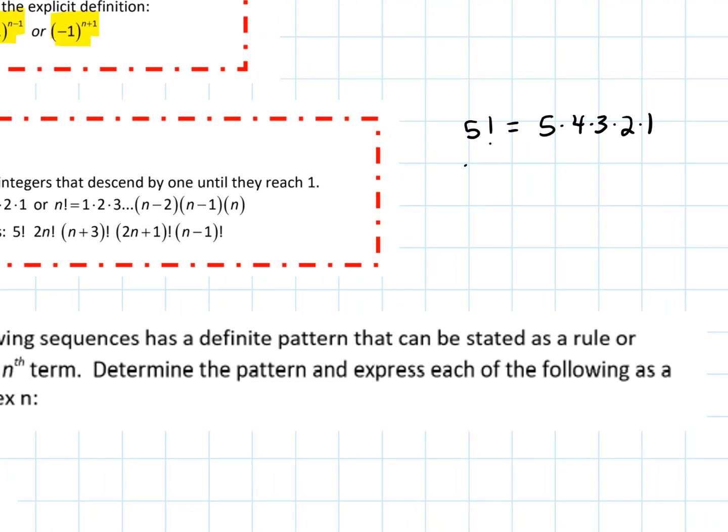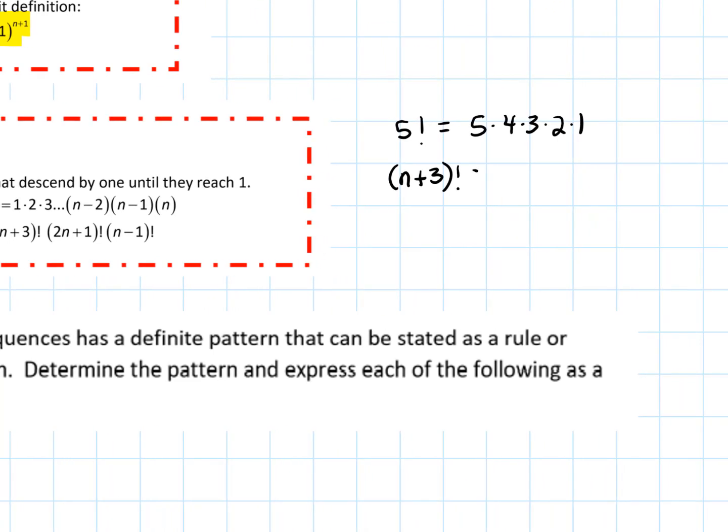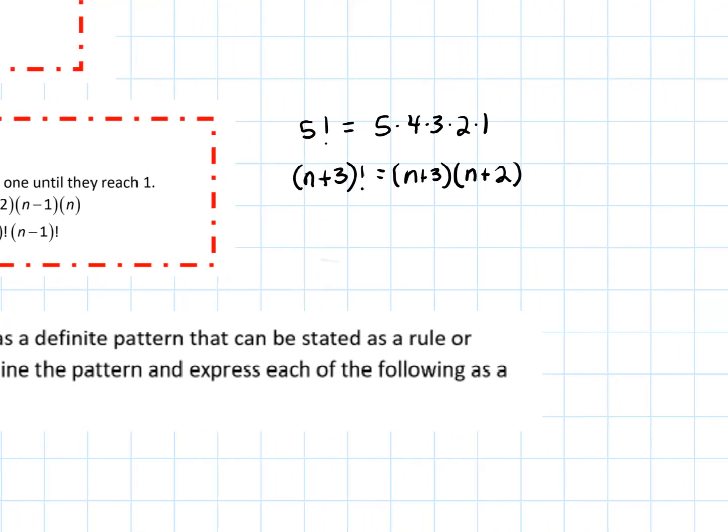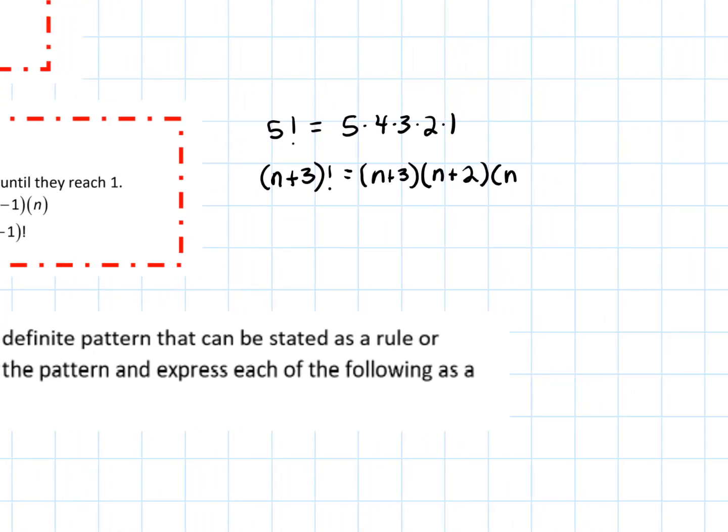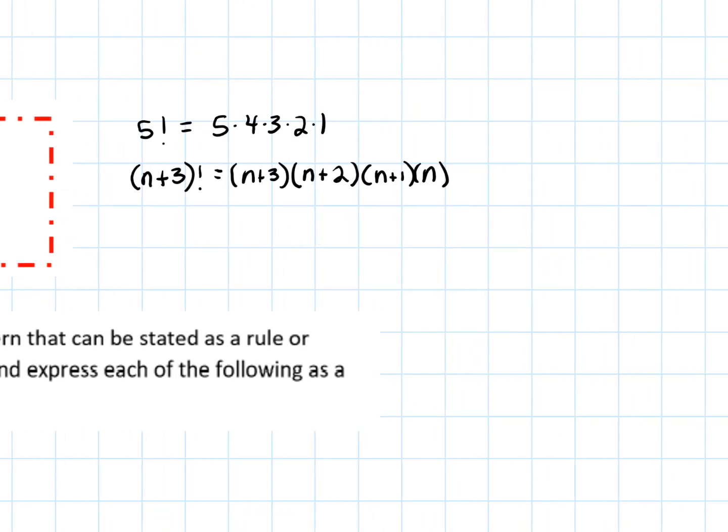Now, if we were to have n plus 3 factorial, then we start at n plus 3, and then we decrease down. When we subtract 1, we get n plus 2, n plus 1, and then we just continue on down, 3, 2, 1.